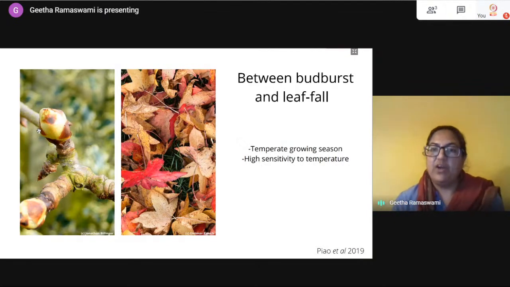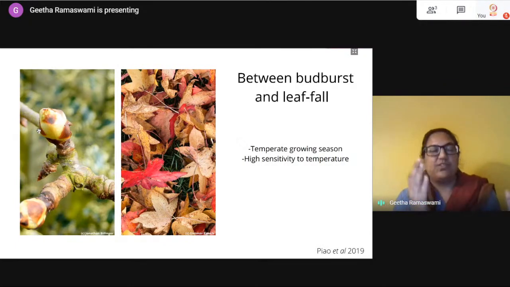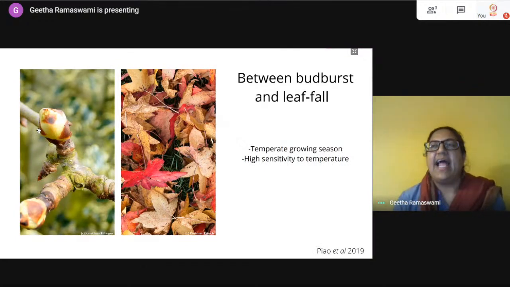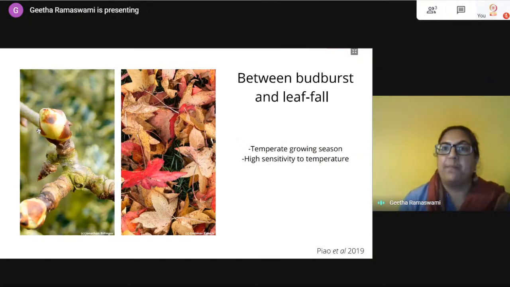So such kind of phenology is highly sensitive to temperature. So trees can sense that spring has set in by the number of accumulated days where it's been a particular temperature, and they can sense that autumn has set in, and they respond by either putting out vegetative buds or changing color of the leaves and dropping the leaves.